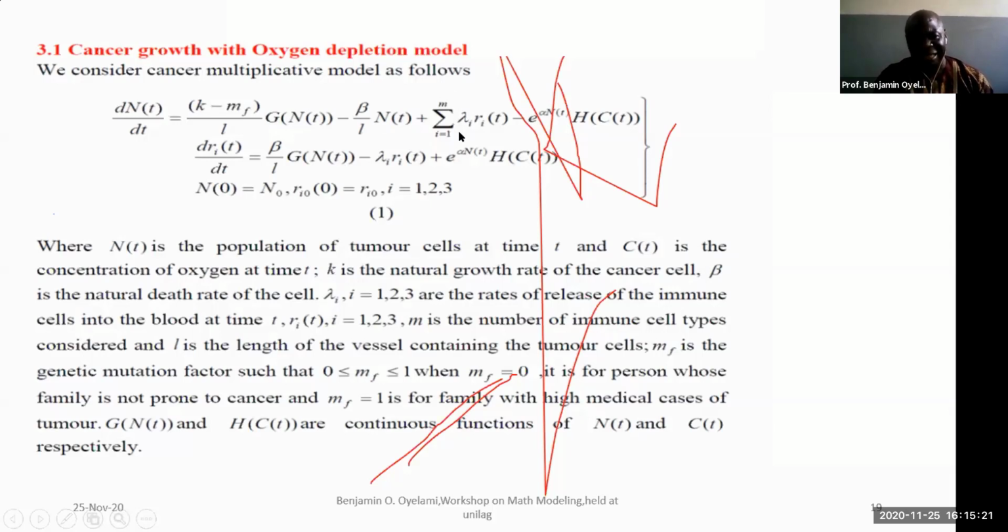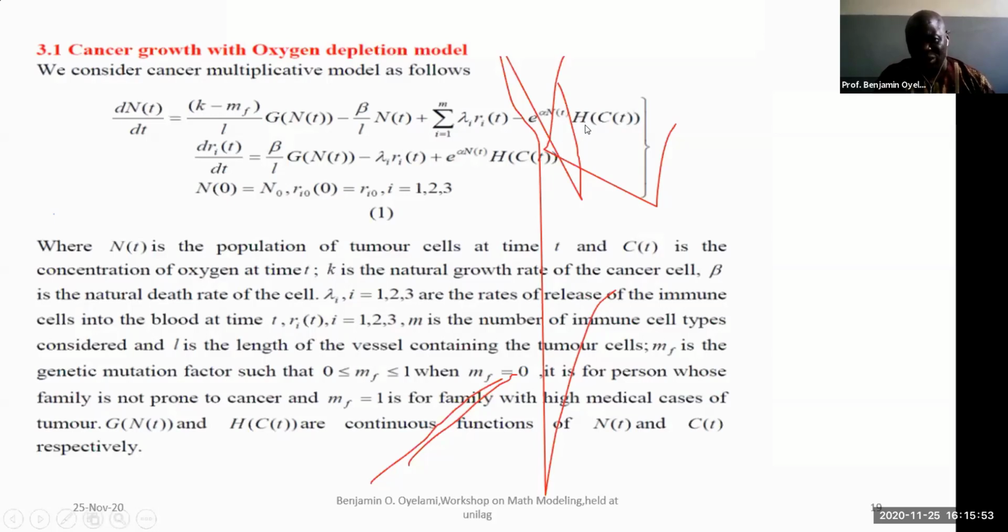And then here are the immune systems, different types of immune cells that are in the body, like CD4 cells, CD8 plus, and different types which are mobilized into the system to fight off the cancer cell or the carcinoma. And then here, this aspect takes care of the drugs.